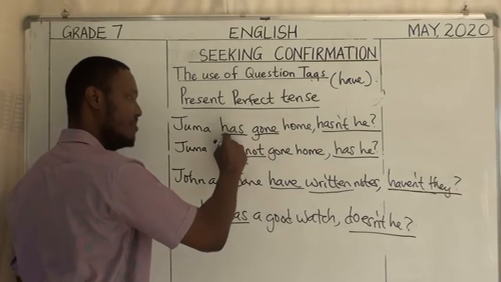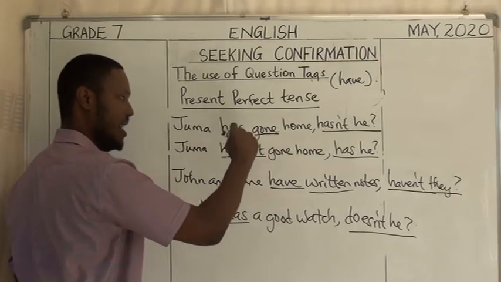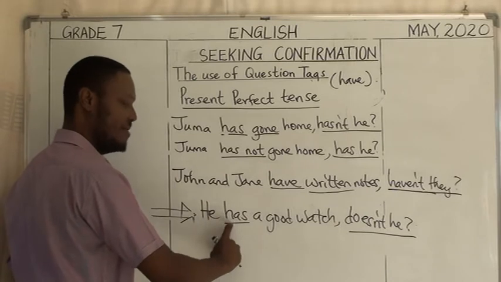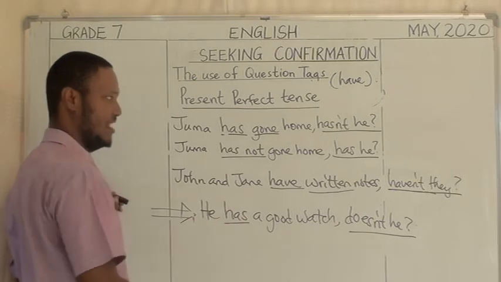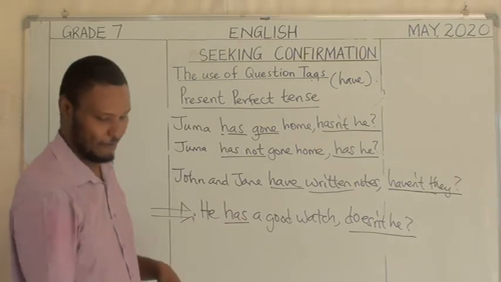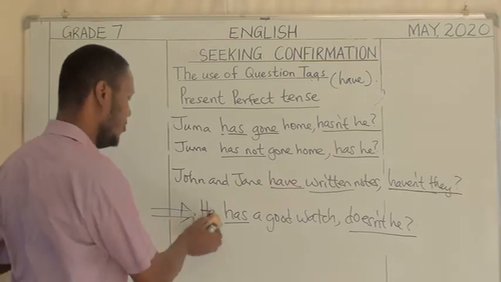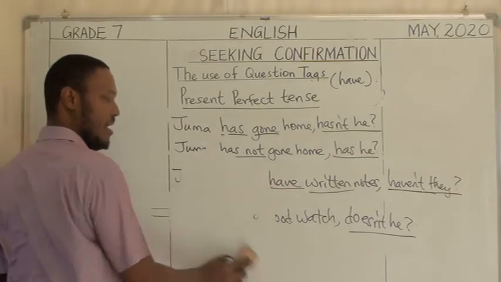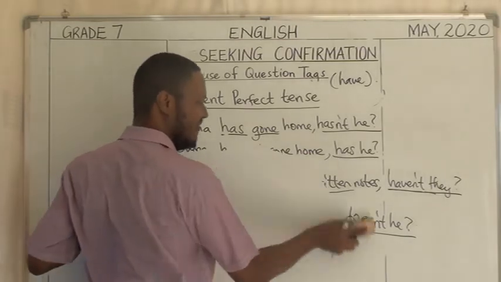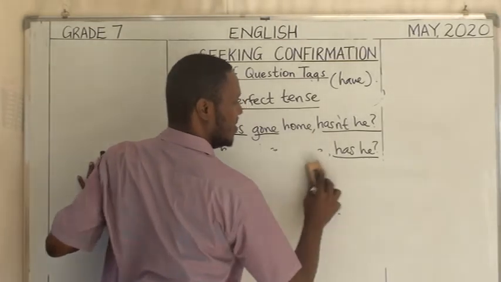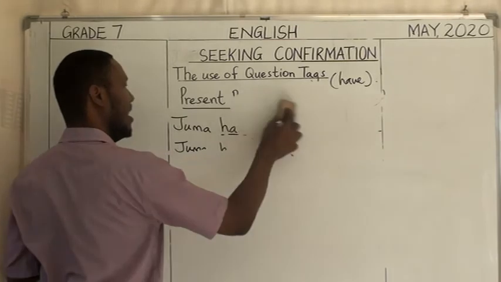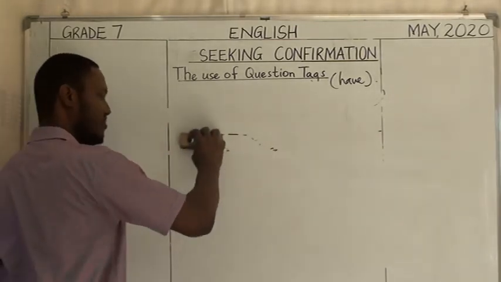Helping verb in the present perfect tense. This is a main verb in the present simple tense. So it is important to note how these question types are formed, so that you don't make mistakes in future.